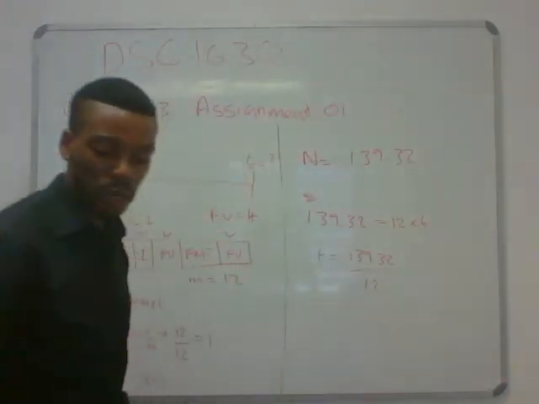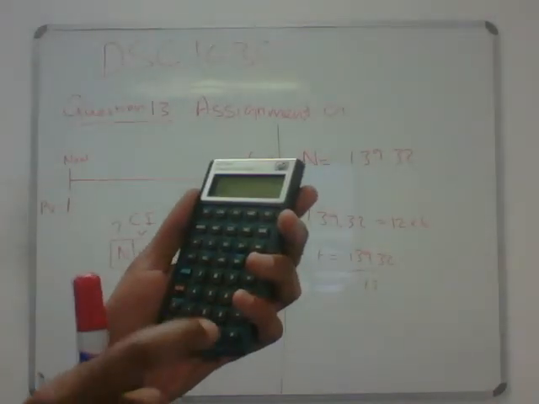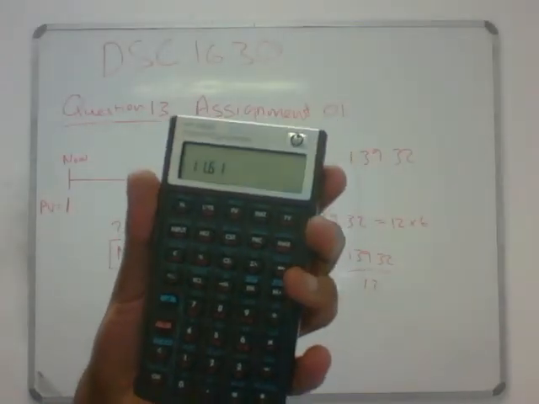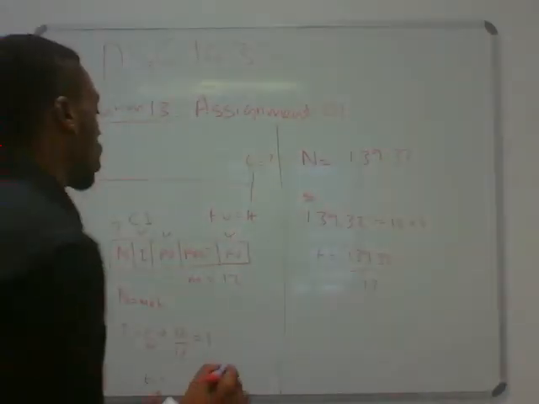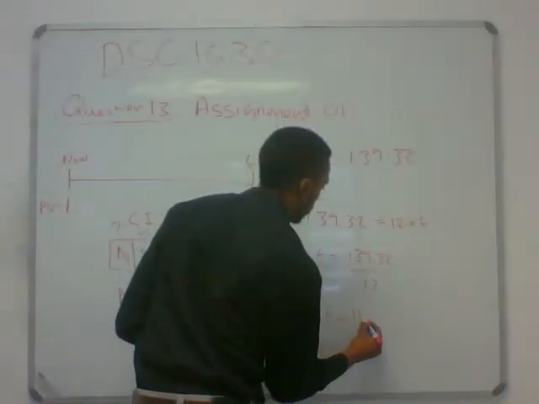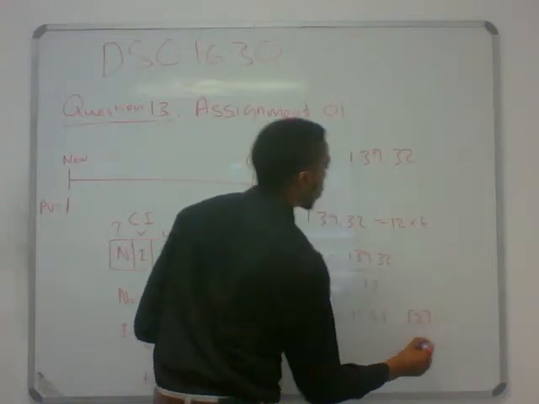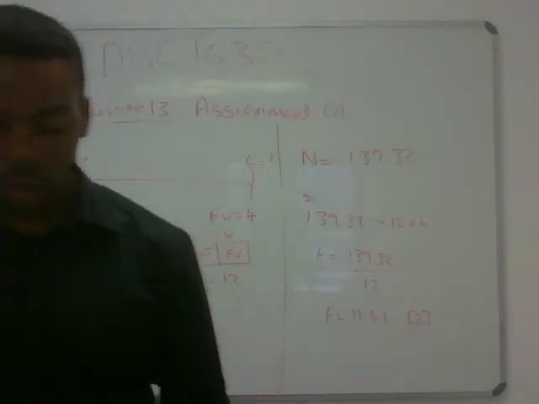So we divide by 12 and get 11.61 years, which is option 2. So for question 13, we have option 2.